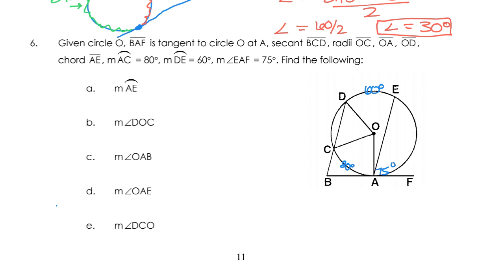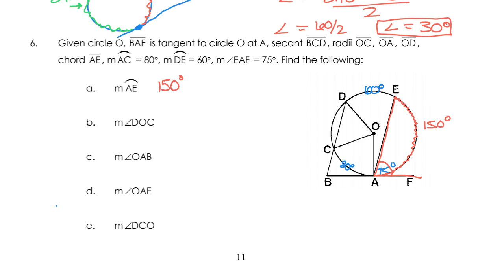So arc AE, and I'm assuming it's the minor arc because they only use two letters. The 75 is formed by a chord and a tangent, so these act like inscribed angles, and half the arc equals the angle, so that arc has to be 150 degrees.